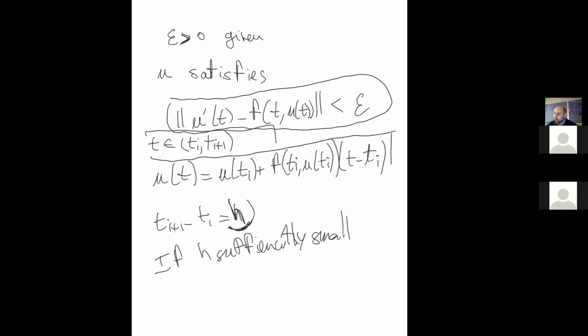Epsilon is arbitrary, I choose it as small as I want, but once it's fixed, I claim that I can choose an h such that this inequality is satisfied for every t in [0, T], where my u is not the exact solution, but the function defined by the Euler method.